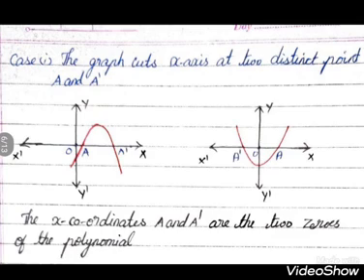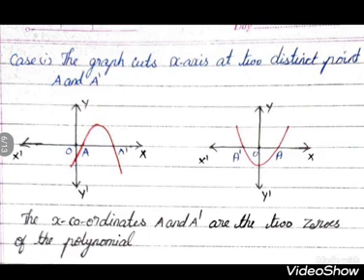Case 1, the graph cuts the x-axis at two distinct points A and A dash. Here you observe the x-axis and y-axis, and O is the origin. The first one is an open downward parabola, and the second graph is an open upward curve.